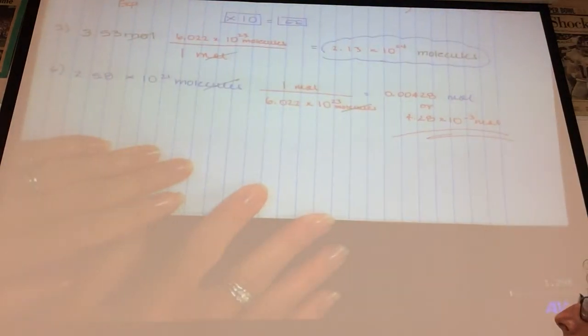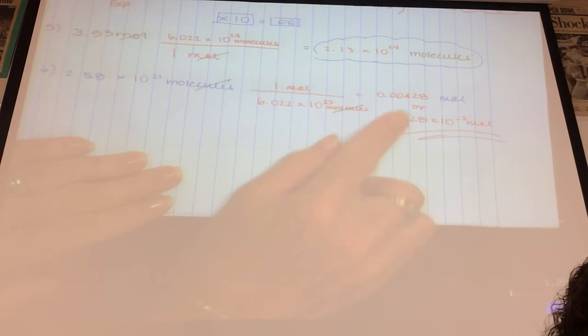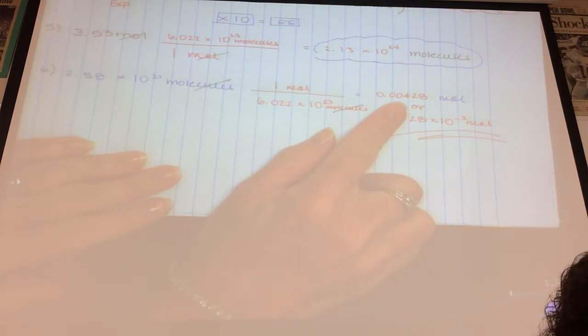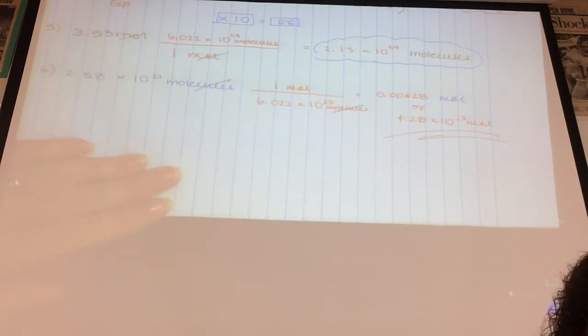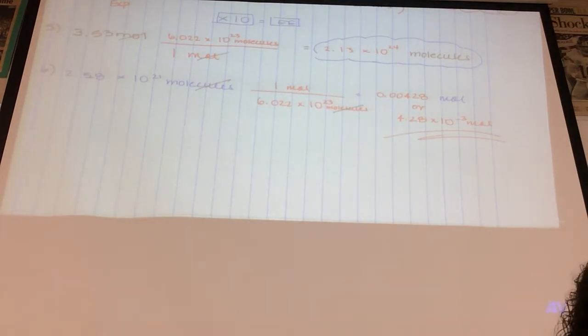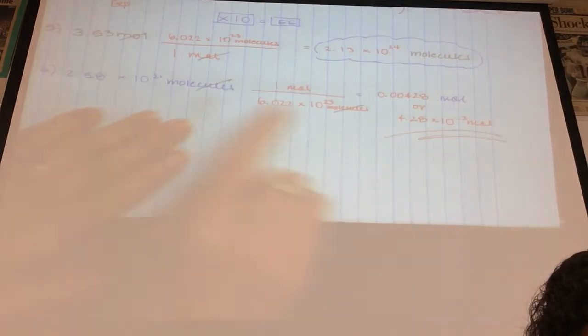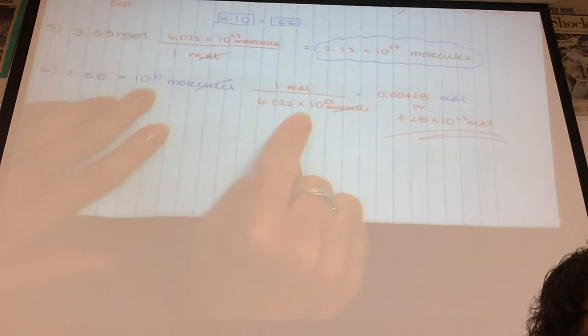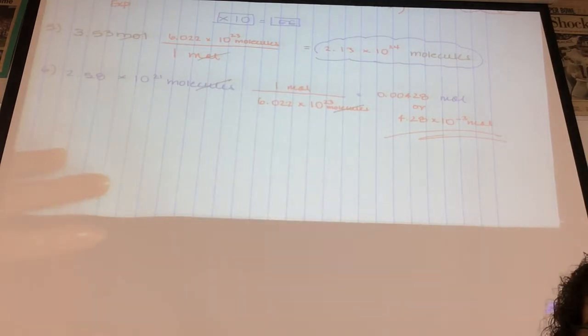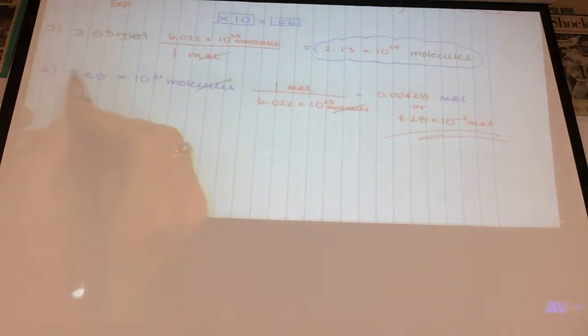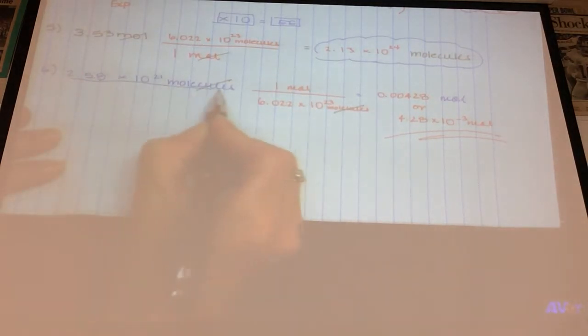So on 6, I got 0.00428 or 4.28 times 10 to the negative 3 moles. Yes? Can you go over how to do that one? Sure. Were you able to set it up properly? Yes. Okay. In your calculator then, keep in mind this is like one big fraction.